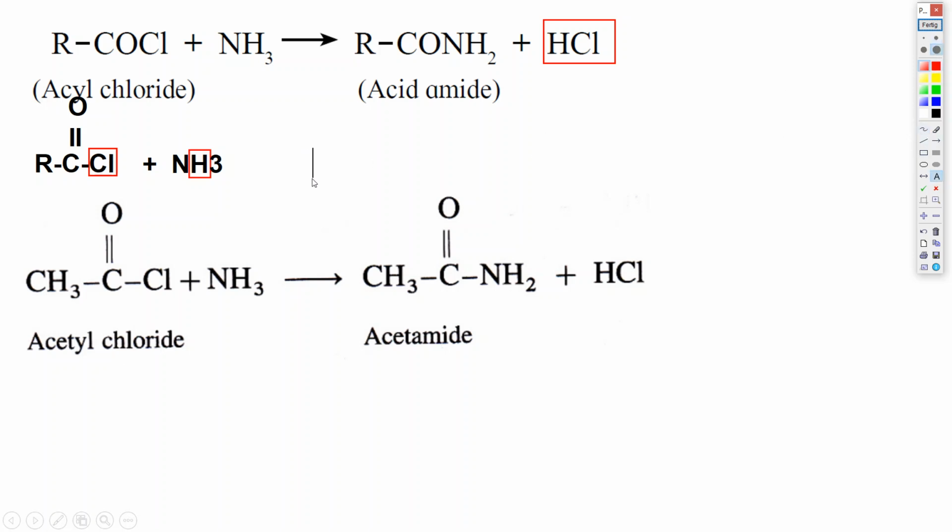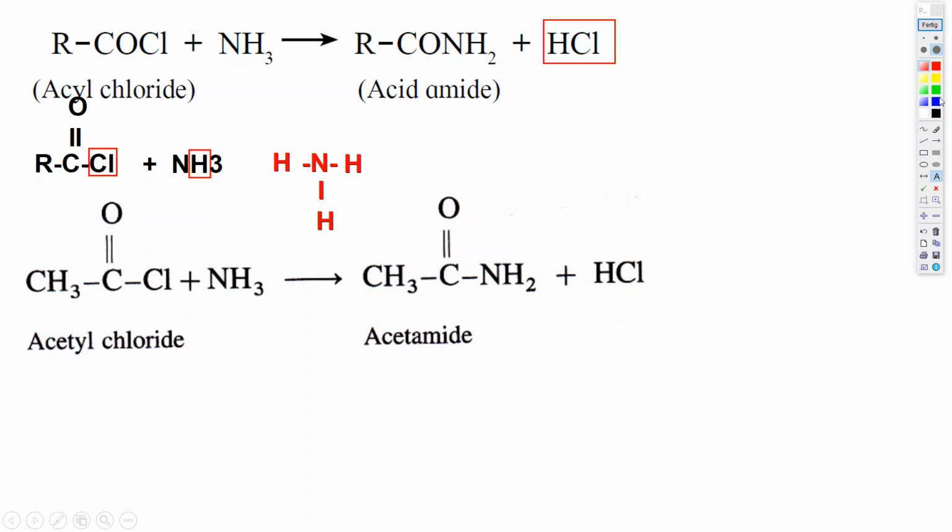This is the nitrogen atom, and three hydrogen atoms are attached to this nitrogen atom. This is the first hydrogen atom, second hydrogen atom, and third hydrogen atom. This is the structure of NH3.